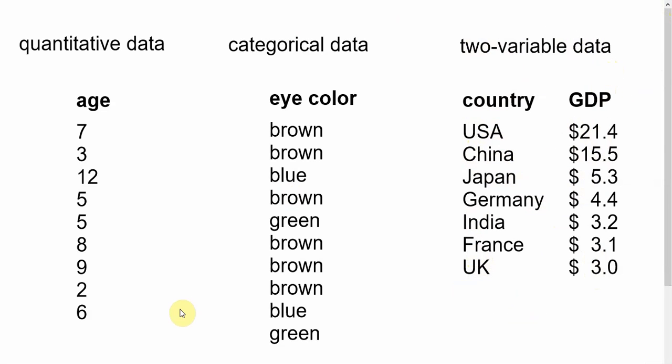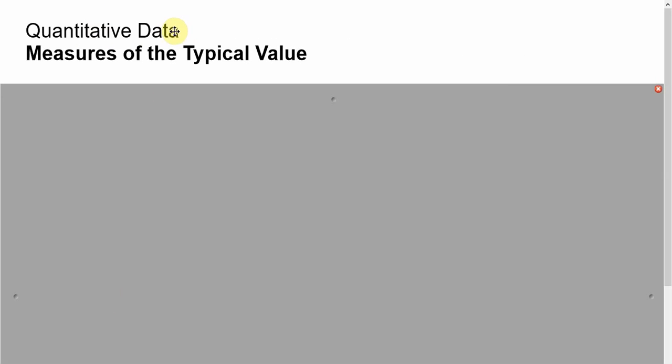Okay, so the first thing we want to talk about is going to concentrate on quantitative data. So for quantitative data, a list of numbers, what we want to talk about, sort of the first thing you do in a statistics class, would be to ask, okay, well, I have this big list of numbers.